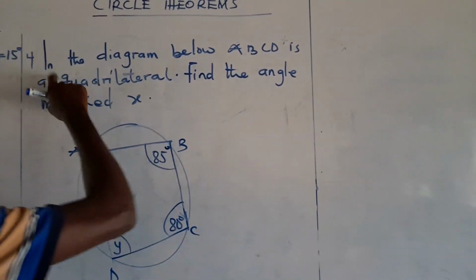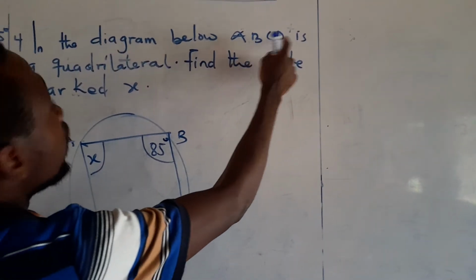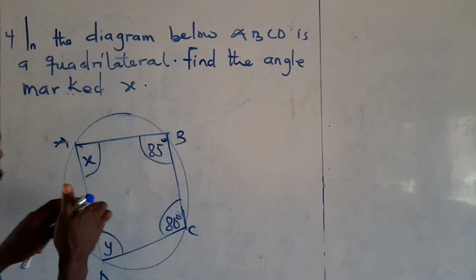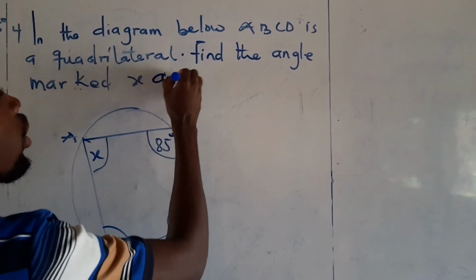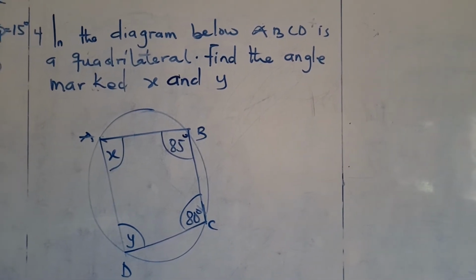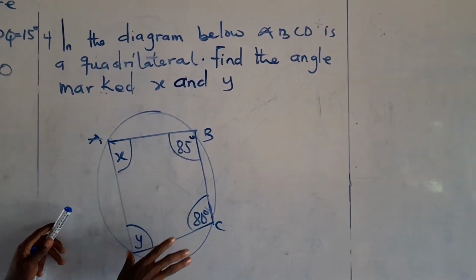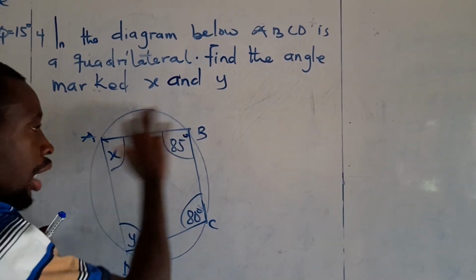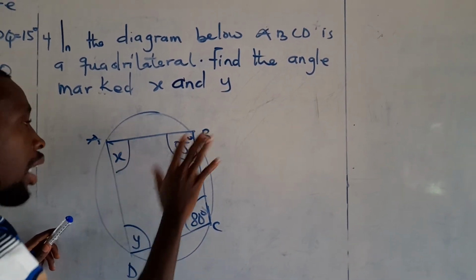So they say in the diagram below, ABCD is a quadrilateral. Find the angles marked X and Y. Okay, so this is a cyclic quadrilateral, because it is a quadrilateral in a circle that touches the circle at all four corners.